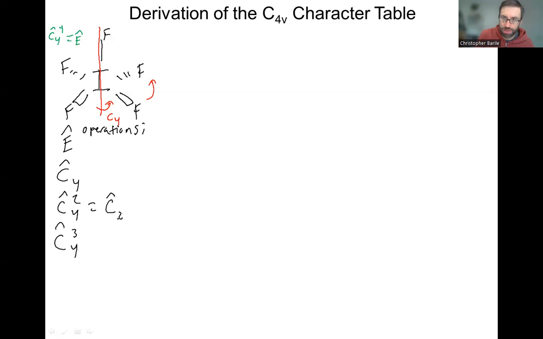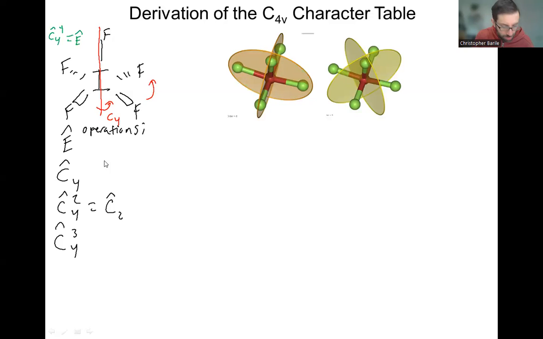What are some other symmetry elements? Well, we know C groups don't have any perpendicular C2s. Those are D groups. So what we're left with is the V part of C4v, which has to do with mirror planes. I just grabbed these images from the Symmetry at Otterbein website, a great website to use to visualize things.